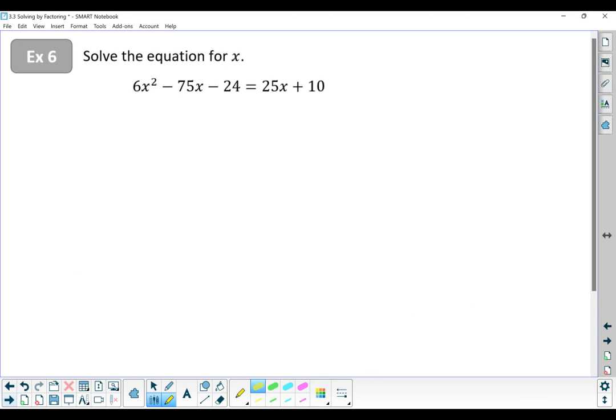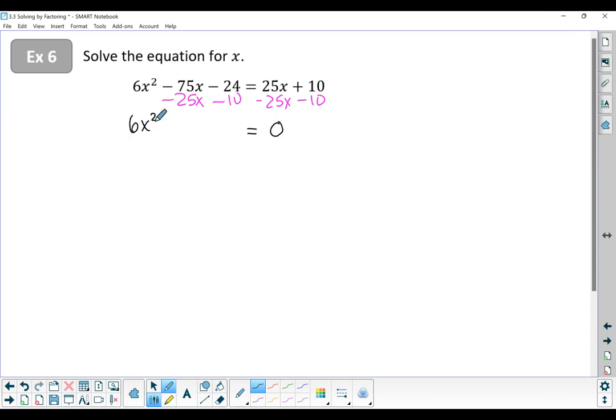So here's an equation. I don't want to start by trying to factor over here. That would be a bad strategy because it is not equal to 0 currently. I need to work that equation a little bit first and get it equal to 0, and then I can factor it. So I'm going to subtract the 25x, and I'm going to subtract the 10, so that on this side of the equation, I have 0.